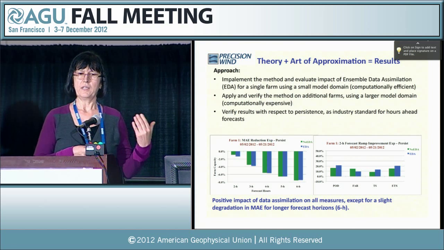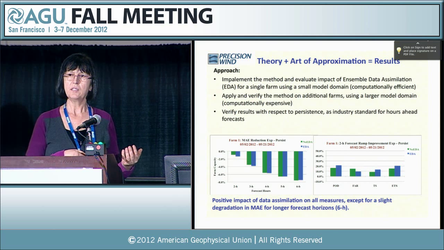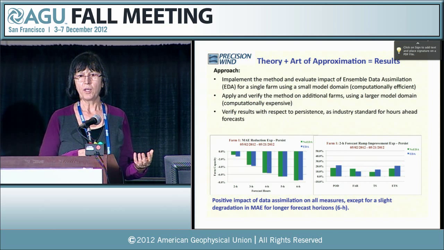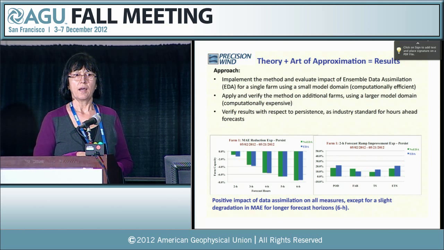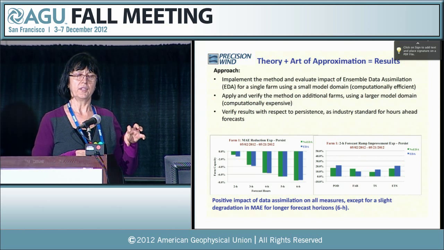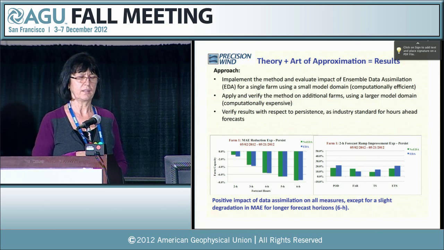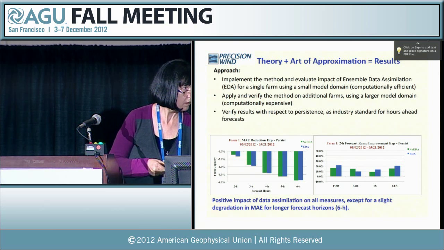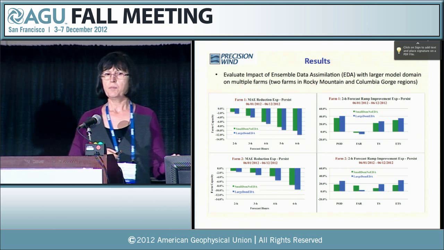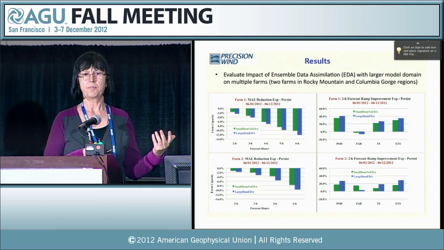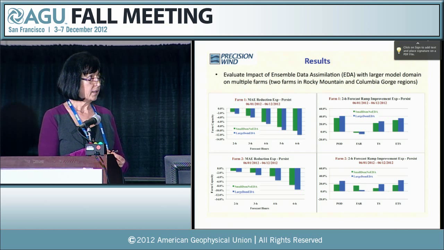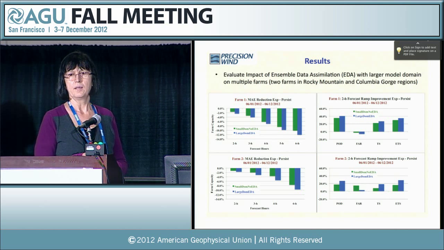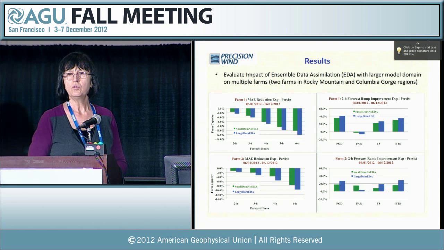And that was, we hypothesized, because we really use a relatively small model domain, and when you use a small model domain, in later hours the lateral boundary conditions start to dominate. So then we extended the experiment using a larger model domain, and we applied it to the same farm and then to a new farm.